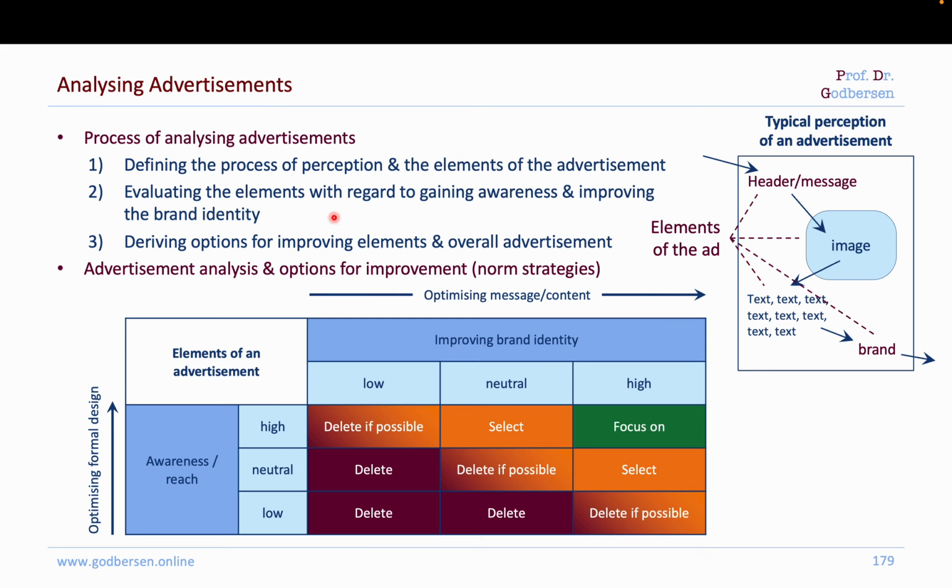Then you evaluate all of these elements, in this case header, image, text, brand, with regard to gaining awareness. So are they noticed? And do they improve and foster our brand identity? And from this, you derive options for improving the elements of the advertisement and then the overall advertisement. And here you can apply norm strategies for improvement.